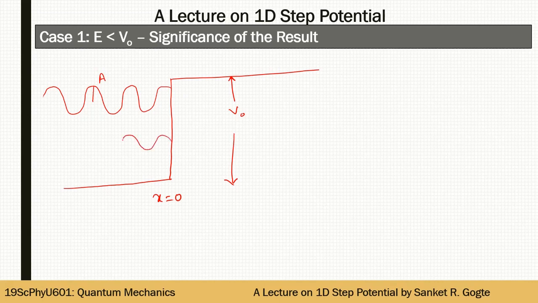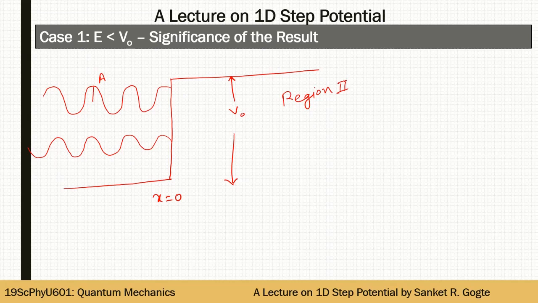So the reflected wave also has the same wavelength as the incident wave. However, in this region 2, which is the classically forbidden region, because the particle doesn't have sufficient kinetic energy to overcome this step, the particle classically will always be reflected, which is the same result that we have obtained.